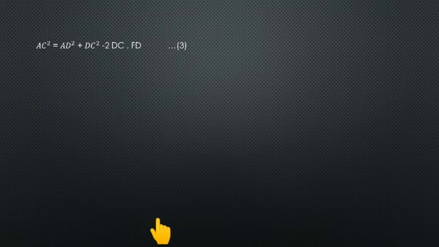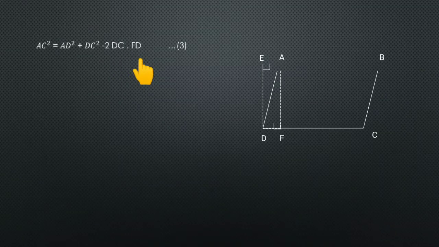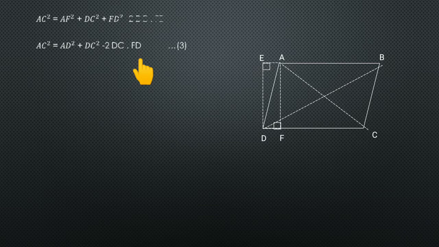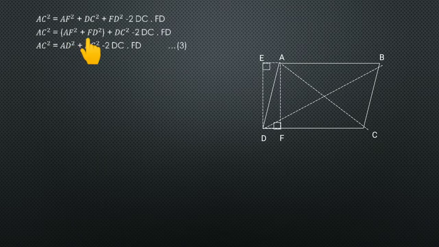Therefore AC square is equal to AF square plus DC square plus FD square minus 2 DC into FD. Now here, instead of AF square plus FD square, we can write AD square by Pythagoras theorem. The remaining part is as it is: plus DC square minus 2 DC into FD. This is the third result.